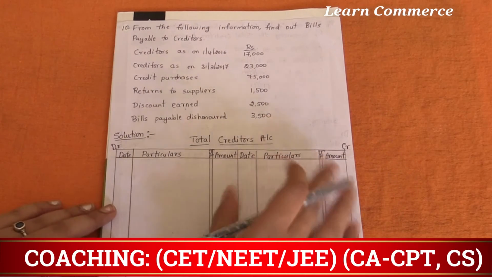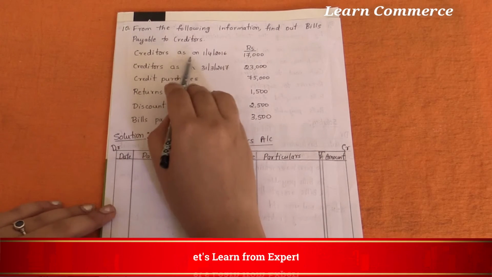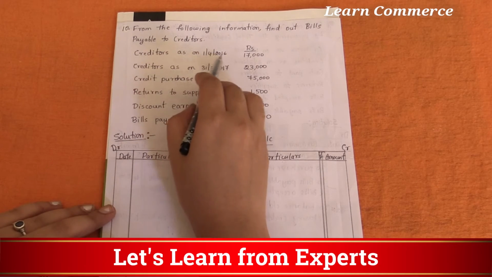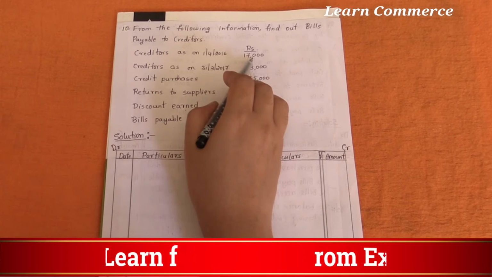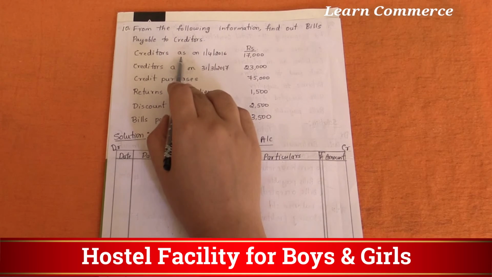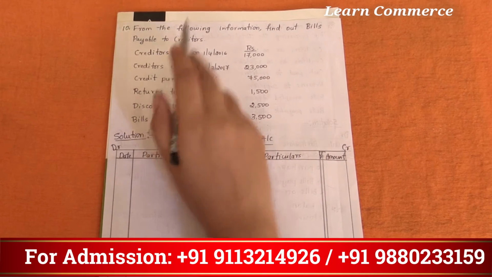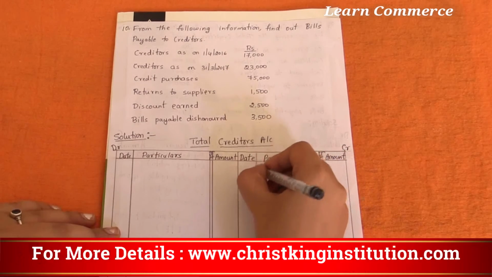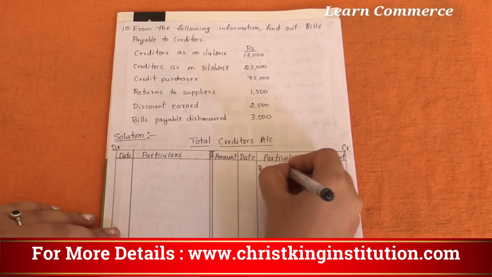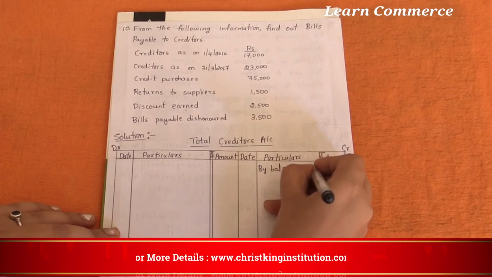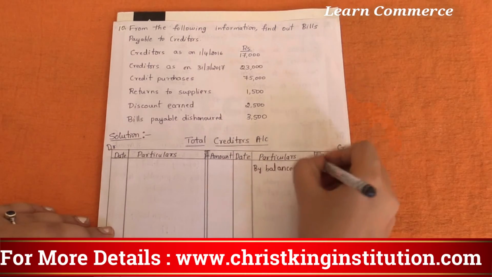Okay, let's start the problem. Here creditors as on 1st April 2016 17,000. This is the opening balance of the creditors. The opening balance of the creditors in a total creditors account we always record in the credit side, that is by balance brought down. Amount is given 17,000.